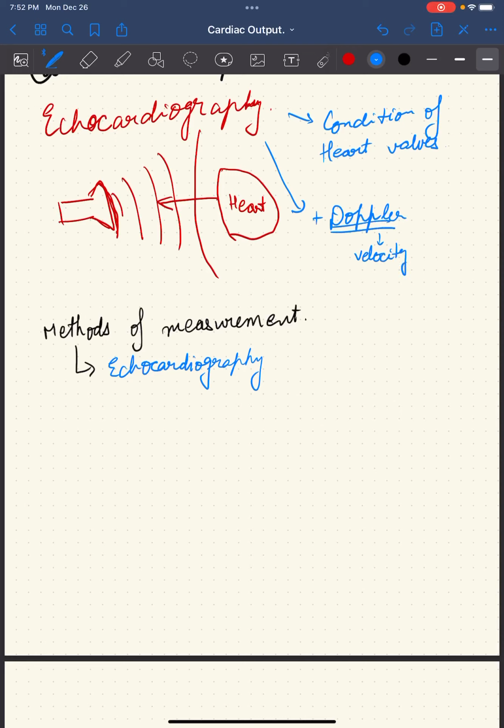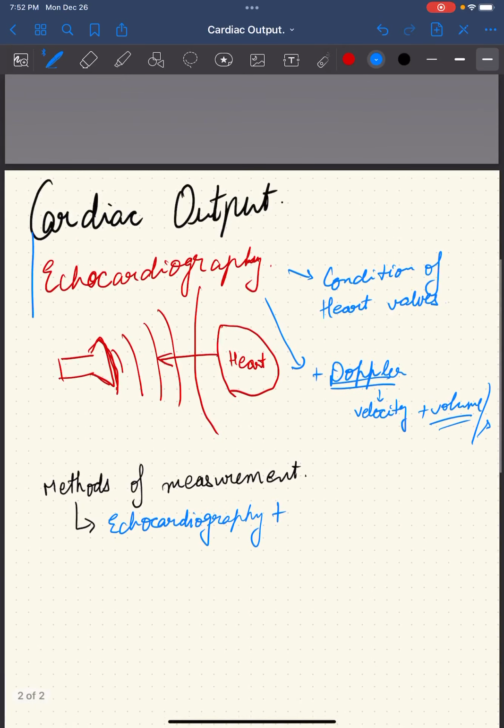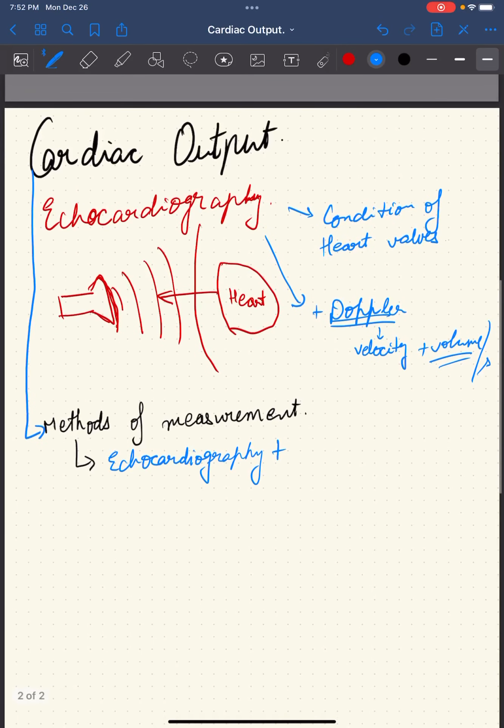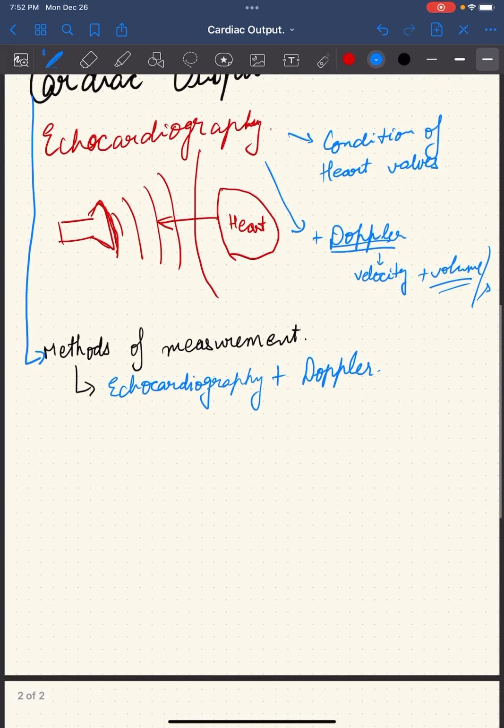Doppler, if you remember in physics, can be used to determine velocity when there is a change in frequency. We can detect the change in frequency, from that we can detect velocity, and from velocity of a fluid we can easily determine its volume, the volume of fluid flowing per second. So we can determine cardiac output through echocardiography plus Doppler. Right? So this is the technique.